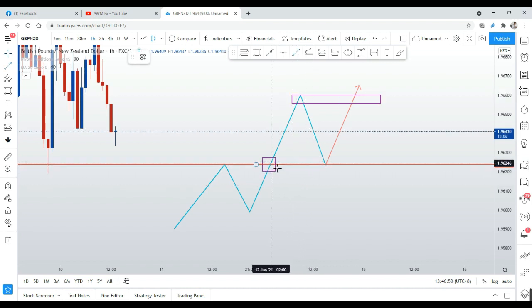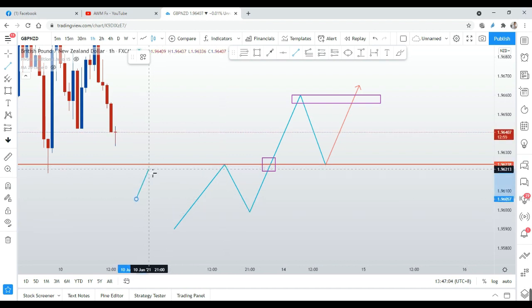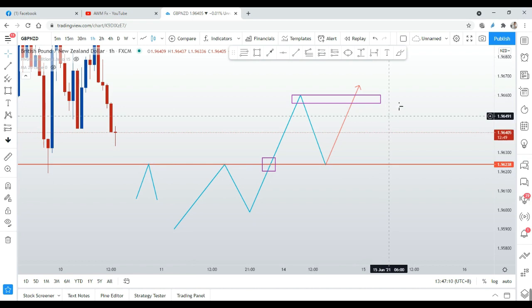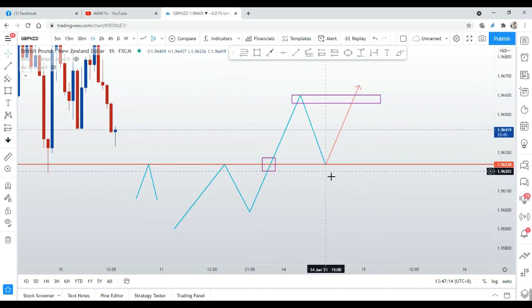I'm going to give you an example. Then for confirmation purposes, if you look at this line, there will be a retest before. For strong confirmation, there will be a retest before. So this is how an RBS looks.